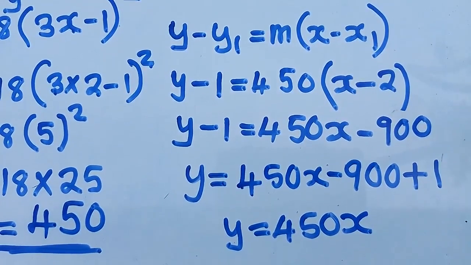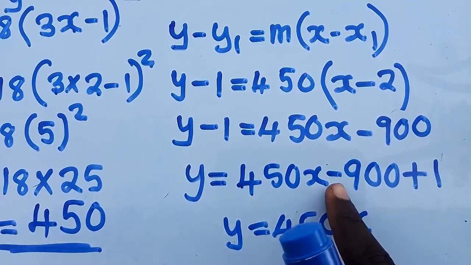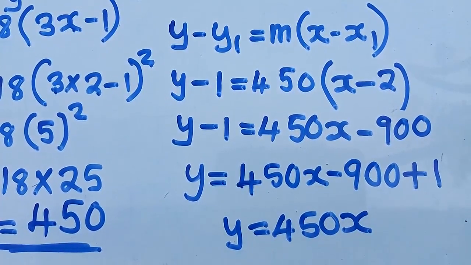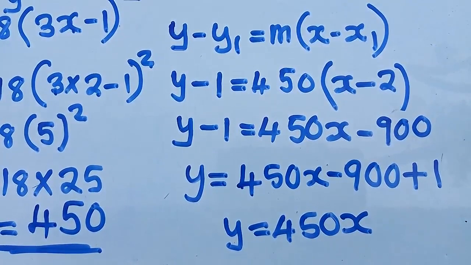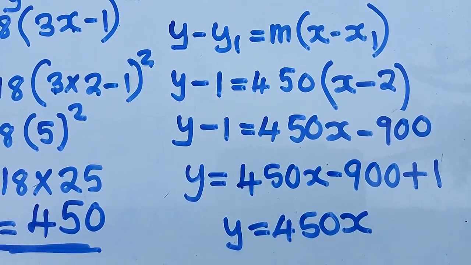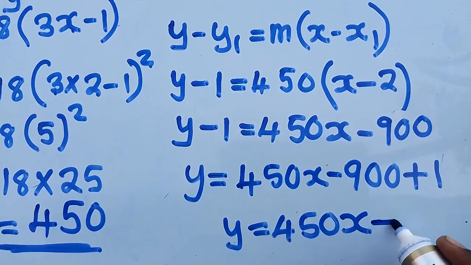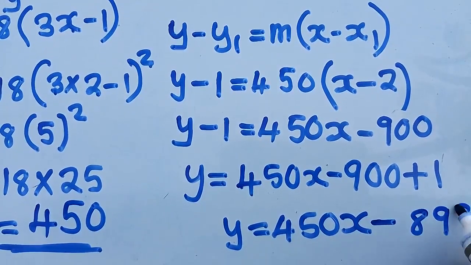That is negative 900. If you've got a problem with negative answers, just type it the way it is. Negative 900 plus 1. What are you going to get? You get negative 899, just the same as 900 minus 1.